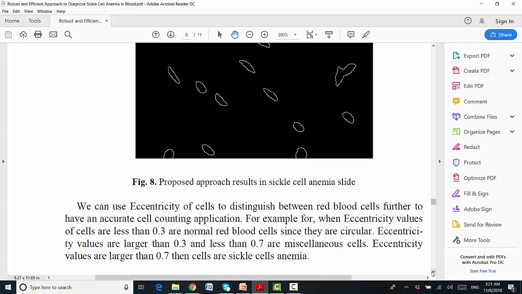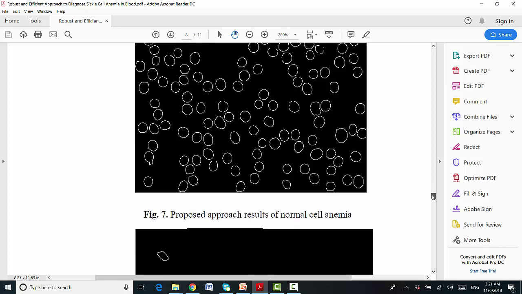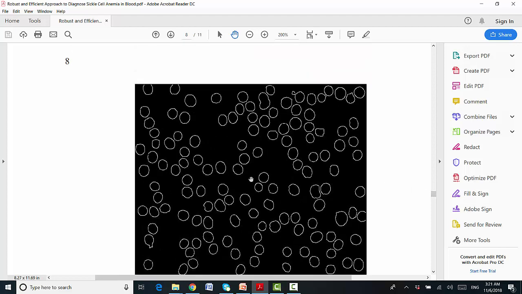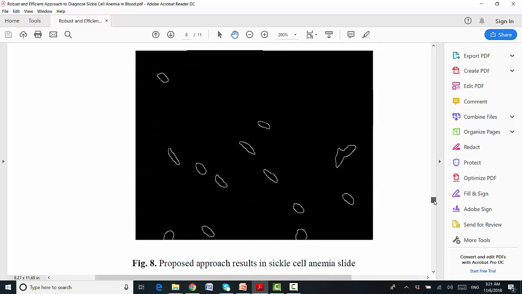So even by using eccentricity, we can distinguish between cells. In this case, we applied a threshold of 0.7. All the cells less than 0.7 are normal blood cells, and above 0.7, these cells are abnormal.